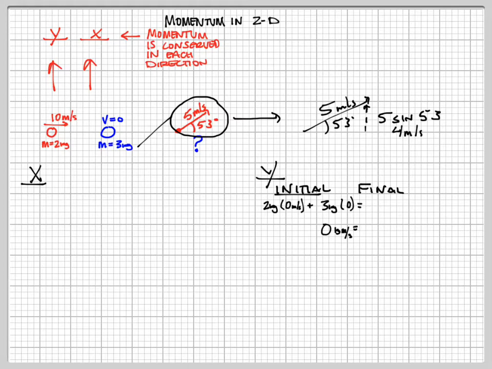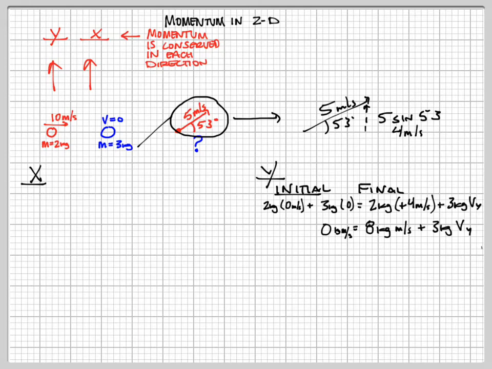So the 2 kilogram ball has a speed of positive 4 meters per second in the y direction, plus whatever the 3 kilogram ball is going to be doing. We don't know yet. So our equation is now starting to look like 8 kilogram meters per second plus 3 kilograms times our unknown y velocity for object 2.